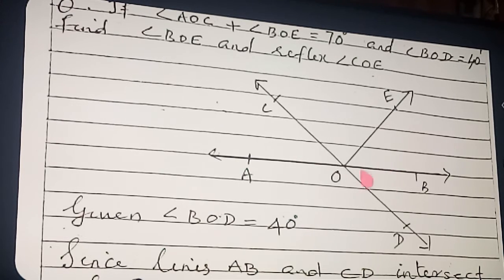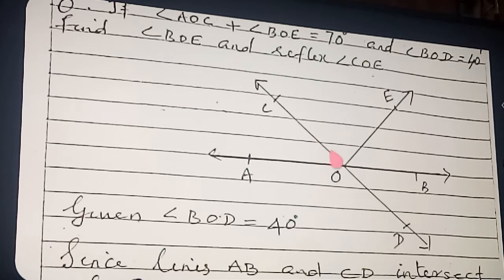Now what is your question? Your question one's answer is found: angle BOE. Now your question is the reflex angle COE. For finding the reflex angle COE, this will be an easy method, I hope. You know that the sum of these three angles is 180. They are forming a line, no?